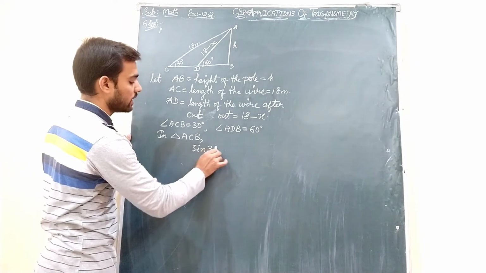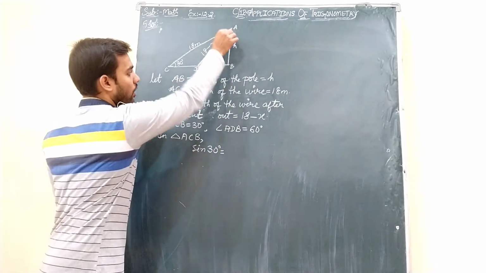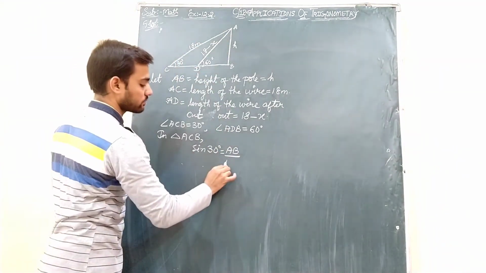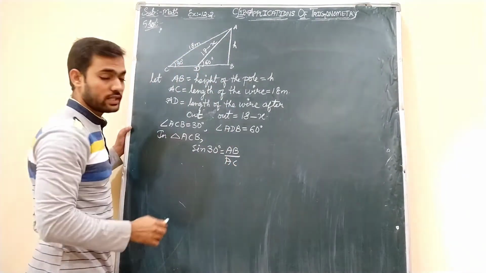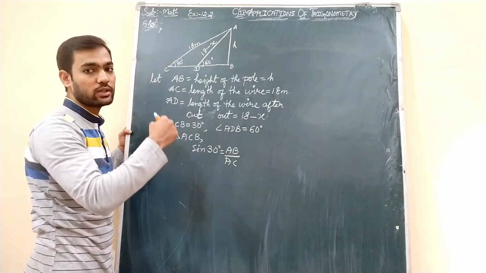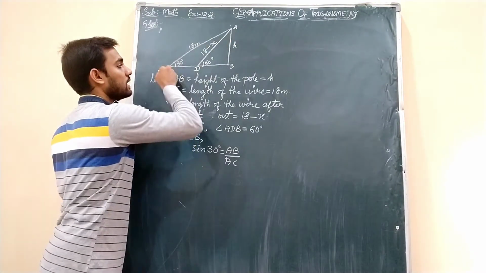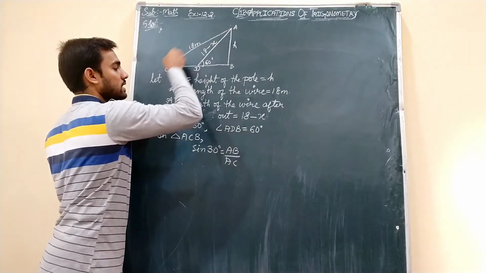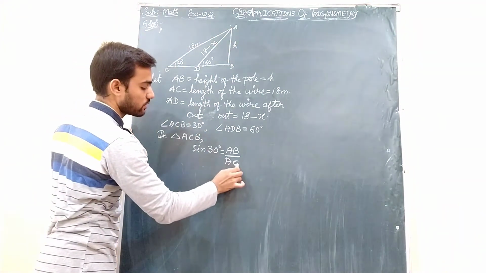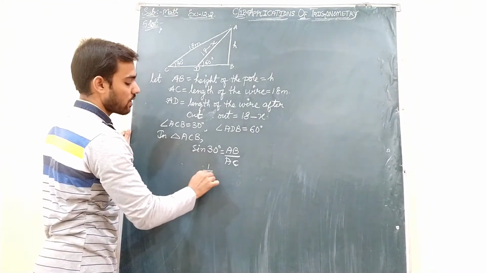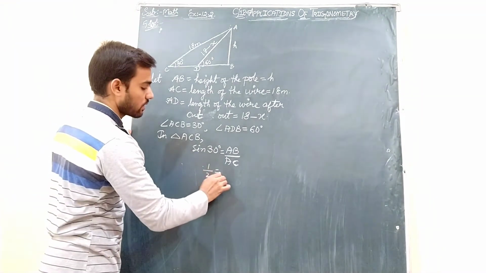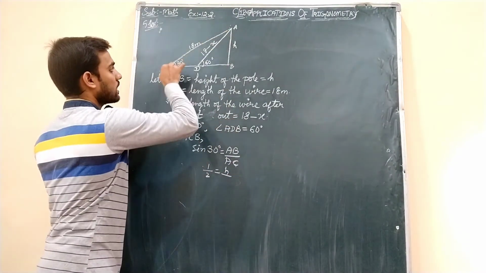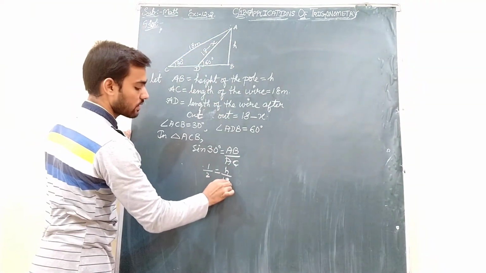So sine 30 degrees is opposite by hypotenuse. See, already we discussed, it is a right angle triangle we need to select. So I have taken triangle ACB, not ACD. Okay, so AB will be the opposite side and AC will be the hypotenuse side. Understand, students? Sine 30 value is 1 by 2. AB we have taken as h, and AC is the length of the wire, that is 18.